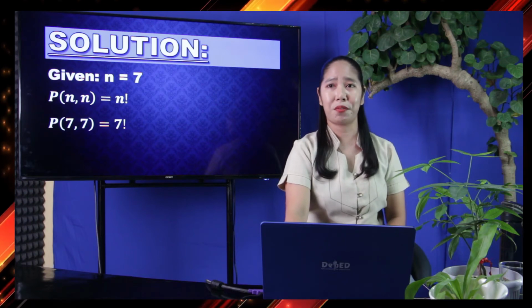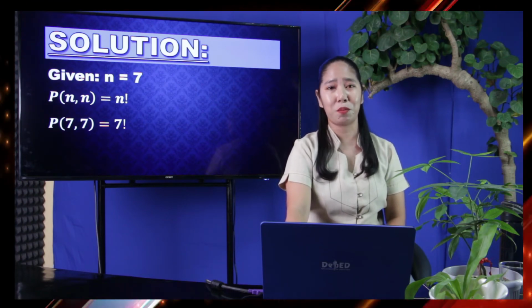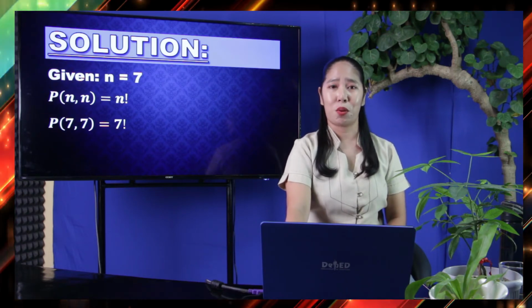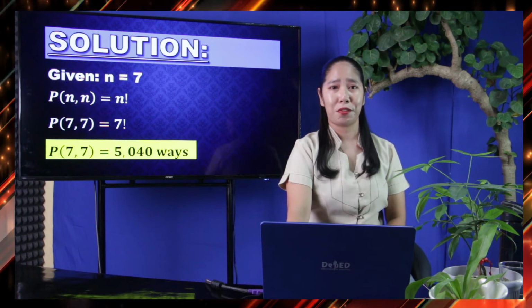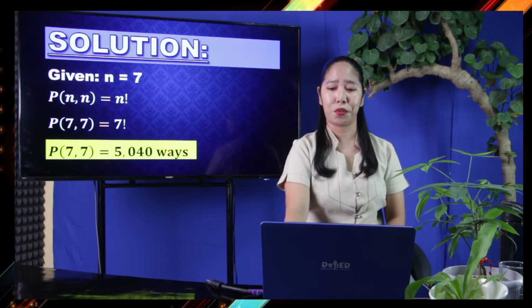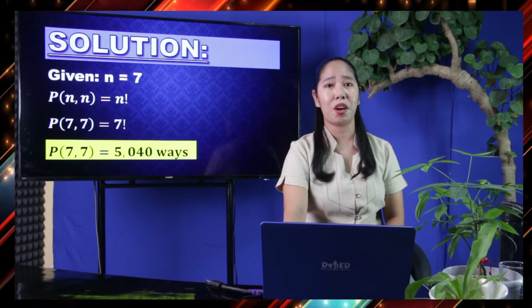Just simply replace the value of n, which is 7. So, permutation of 7 desserts taken all at a time equals 7 factorial, and 7 factorial is equal to 5,040. Therefore, there are 5,040 ways to arrange the 7 desserts in a row of a buffet table.